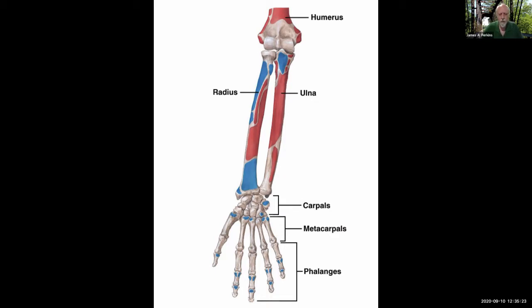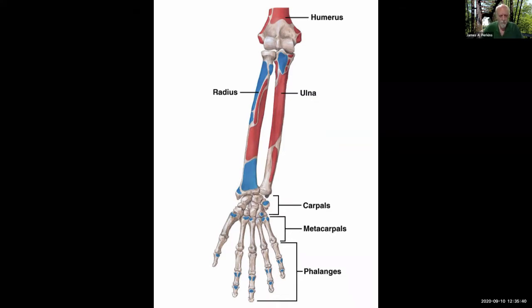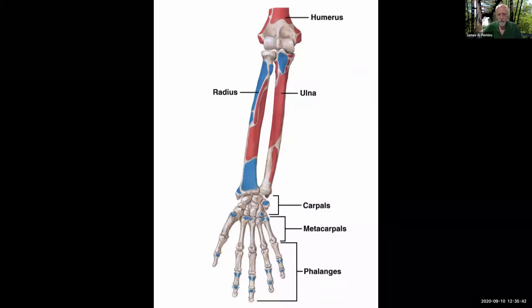Remember that there are two bones in the forearm, in the antebrachium, the radius and ulna. In the fully supinated position, which would be standing in anatomic position, these two bones lie parallel to one another. And in anatomic position, the radius is always going to be lateral. So remember that little mnemonic that someone shared on the RIT listserv.